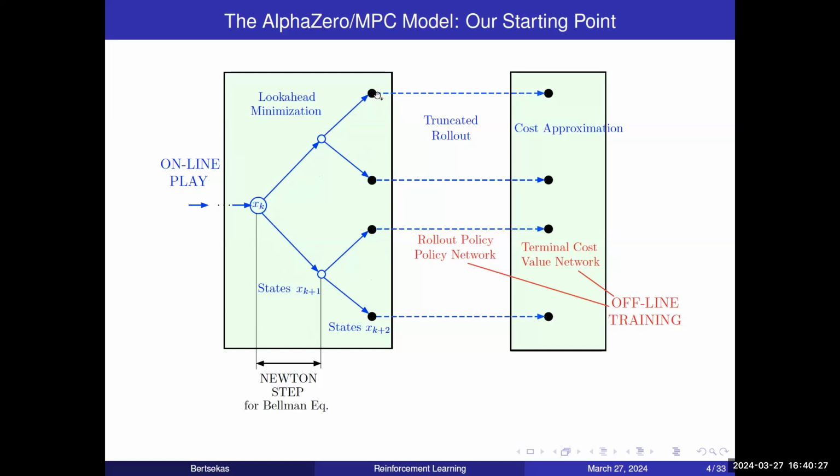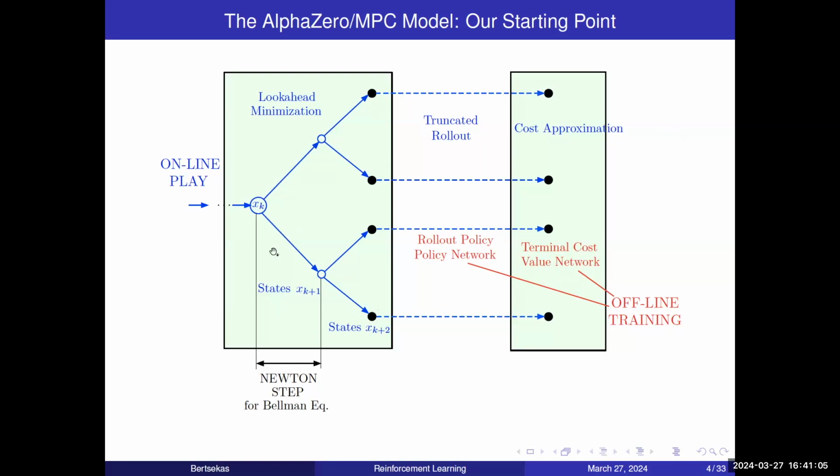Starting from all the leaves of this lookahead tree, we run rollout with the base policy supplied by offline training, that is, this policy network, up to certain depths. Then the additional cost is supplemented by using the terminal cost approximation, which is given by a value network. The whole process needs to be done in real time online.